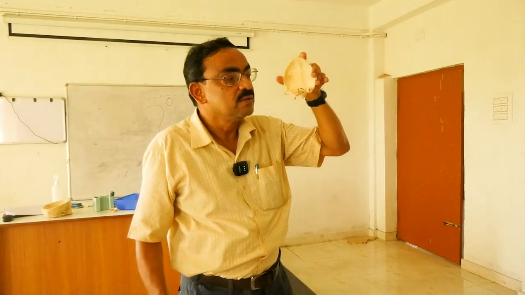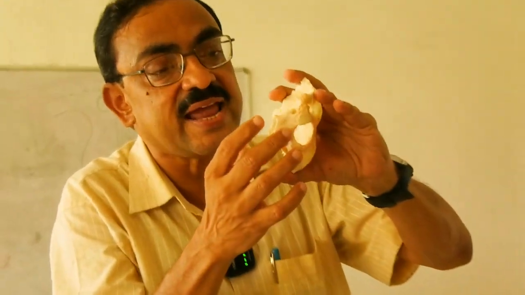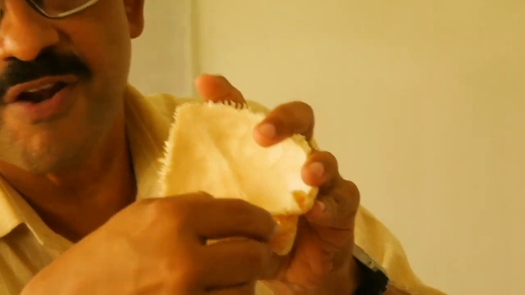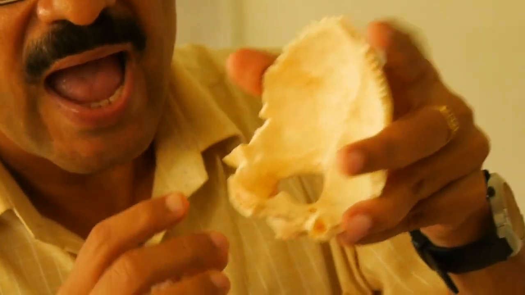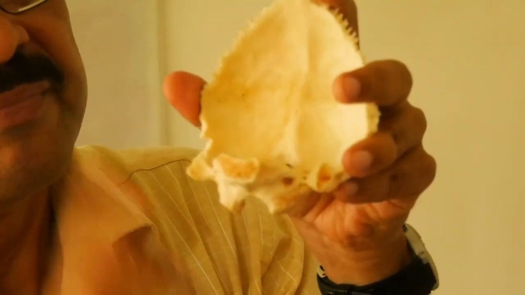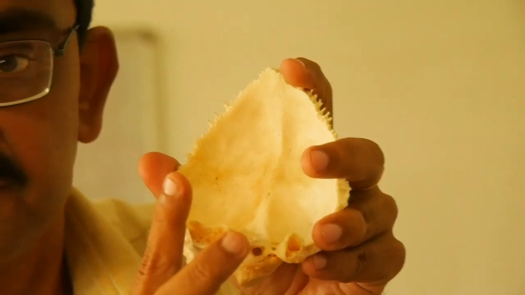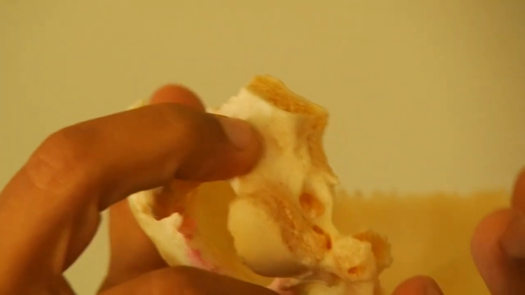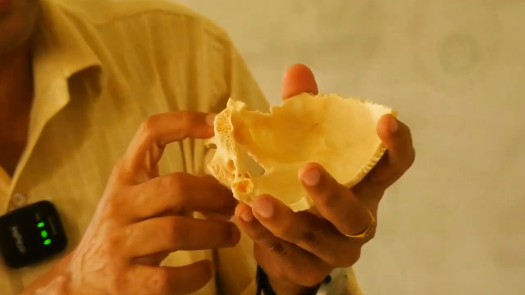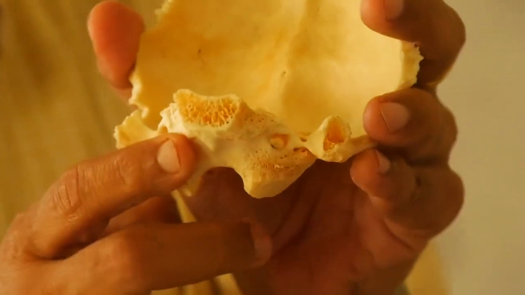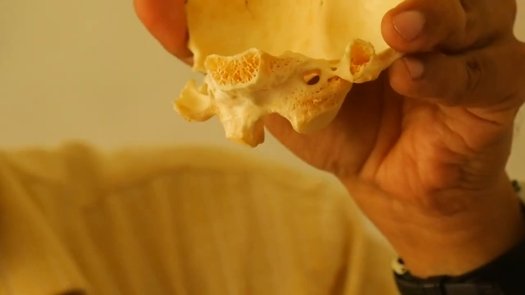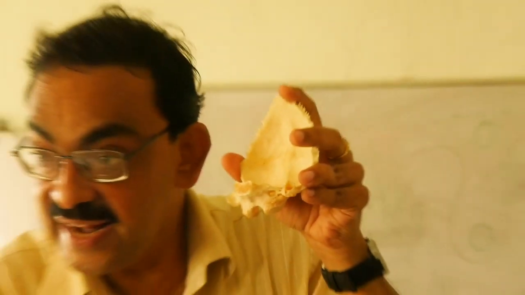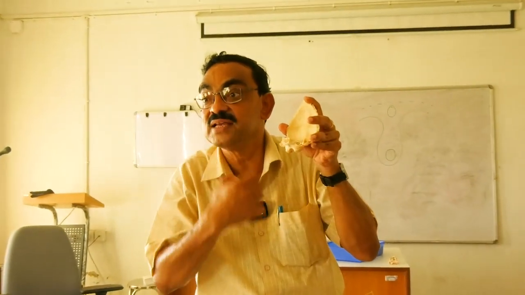The basilar part is arranged in front of the foramen magnum, and this part is directed upwards and forwards, and has a superior surface and an inferior surface, where we get the pharyngeal tubercle. On either side, we get the attachment of one rectus muscle, rectus capitis anterior, and another muscle, longus capitis.